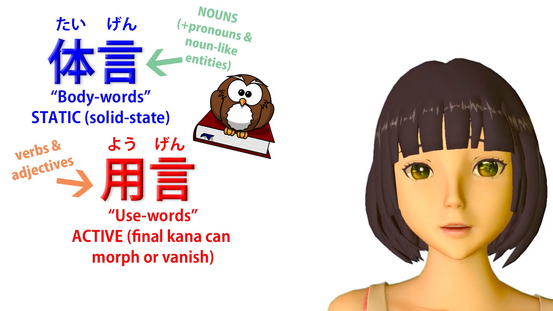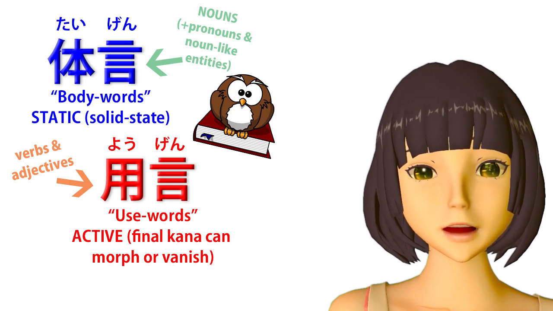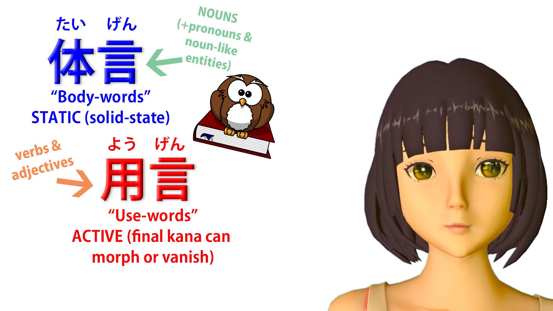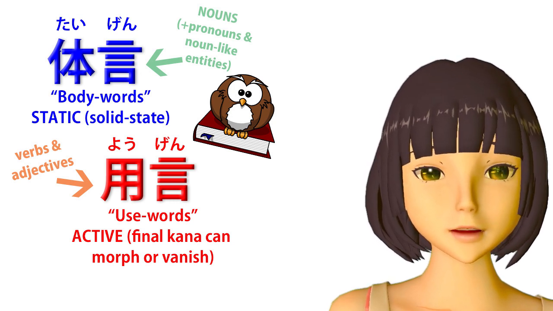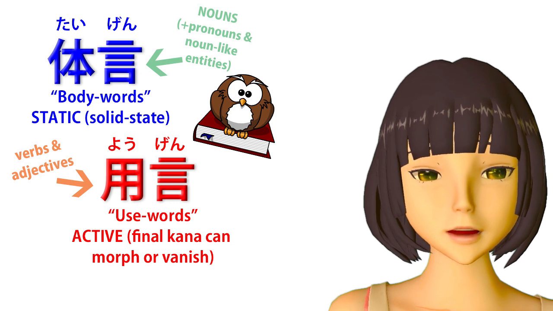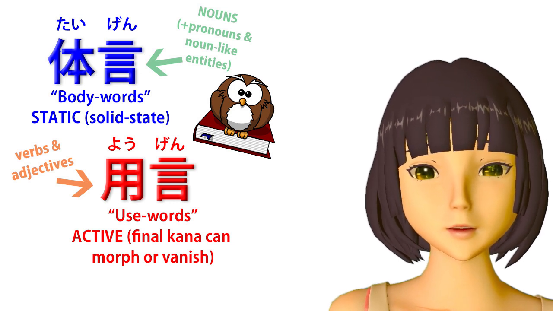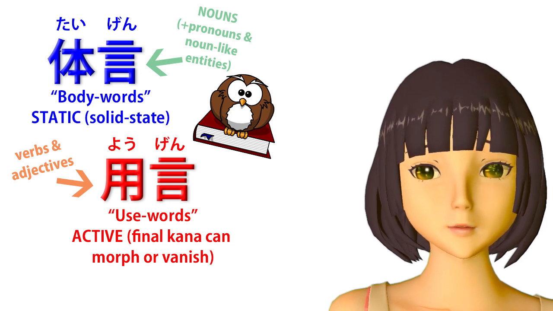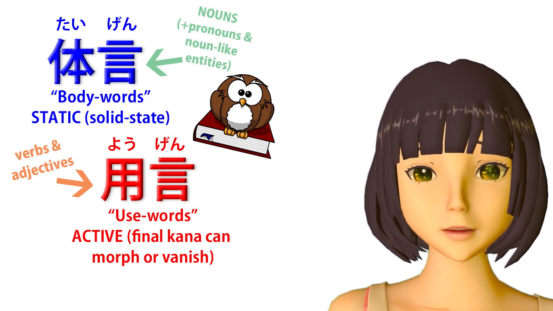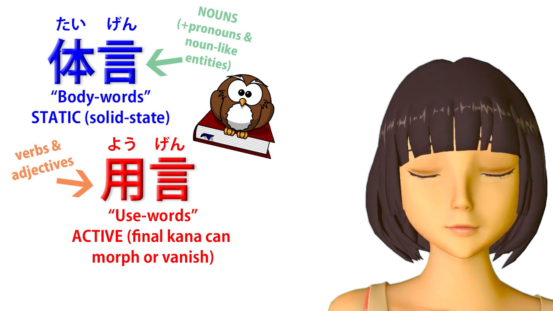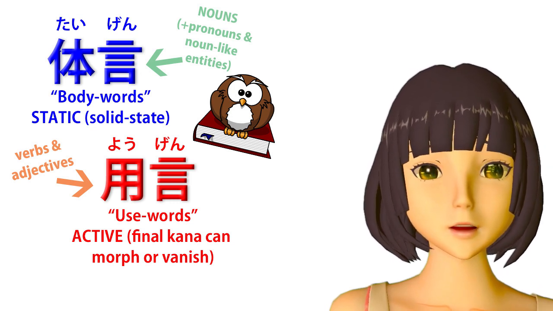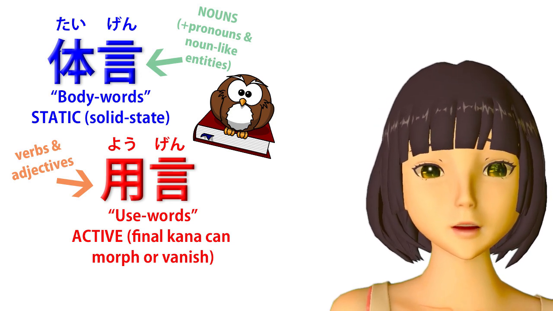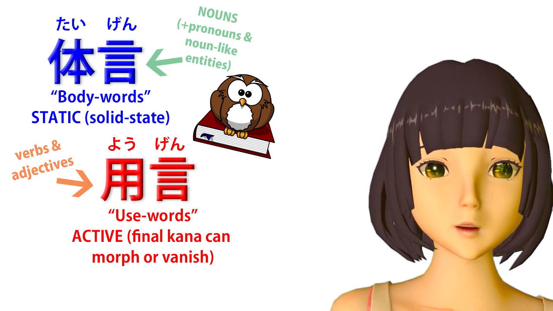So we have two sets of words. The yogen, the active words, which you can modify by changing the final kana and adding something, but you can't add logical particles or the copula to these. And nouns, and also pronouns and other noun-like entities, taigen, or static words, which you can't modify, but you can add logical particles or the copula.